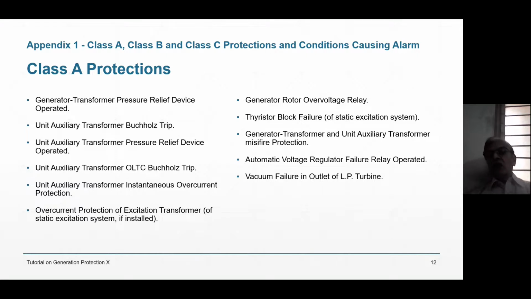Automatic voltage regulator failure relay operated. And vacuum failure. You see, this is purely a mechanical reason. Vacuum failure: if vacuum is not enough, that means pressure at the outlet of the LP turbine is more, it is not vacuum, then class A protection will operate.